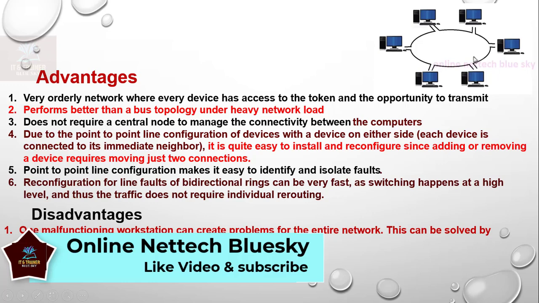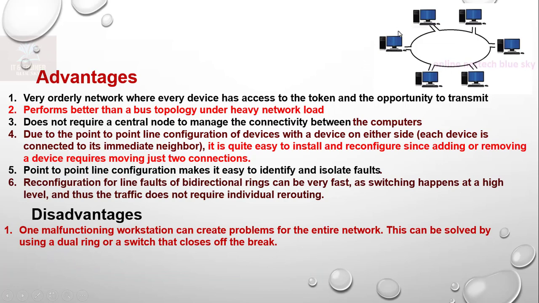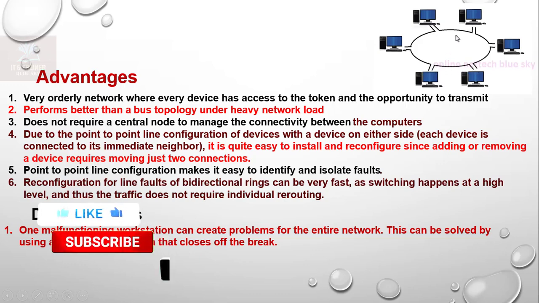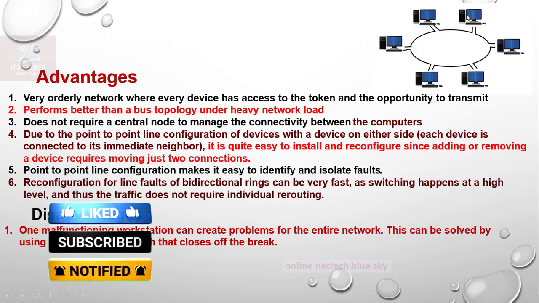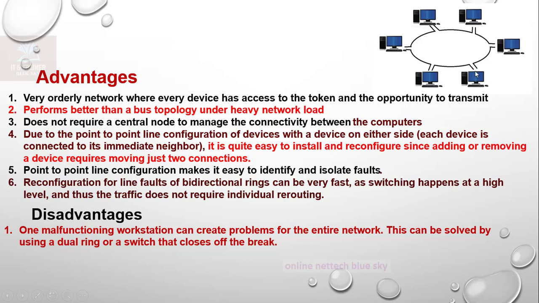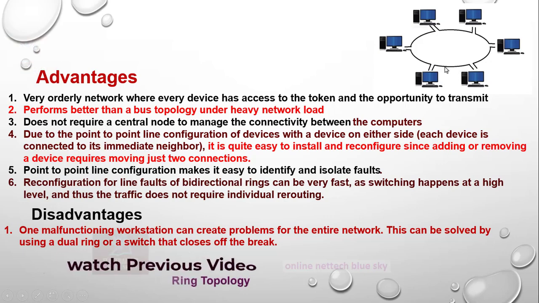Okay, I want to send data from this computer, but the first computer is powered off, so my data goes only through this computer, but not to this side. Why does it not go here? Because this computer sends data and the second computer sends data, and this computer is powered off, so the data does not go to the other side, because the line depends on this computer. This is the main problem.